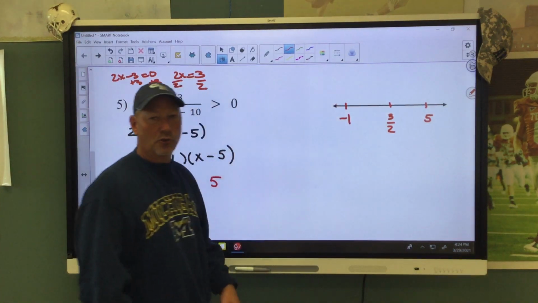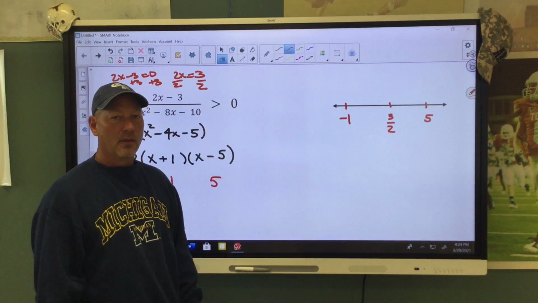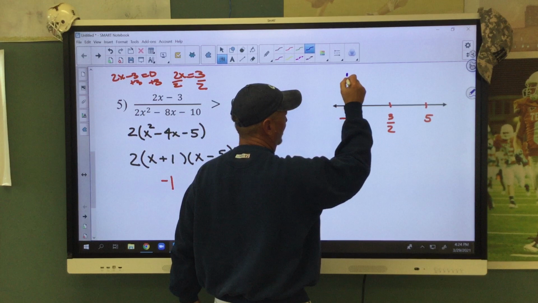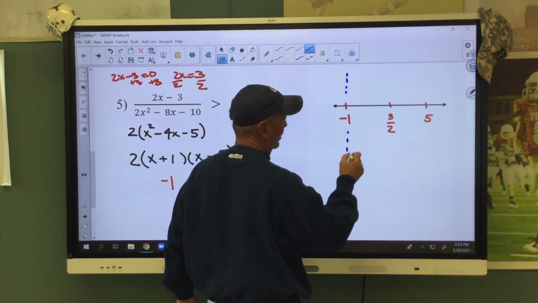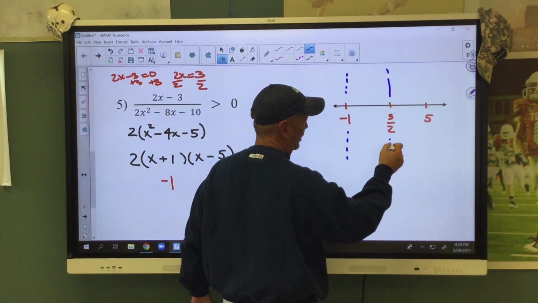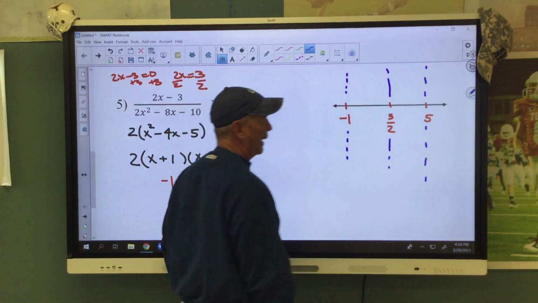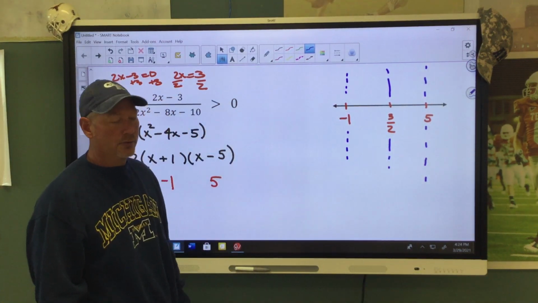Okay? So now I have an extra number. We're still going to divide it into zones. Okay, so we've divided it into zones.